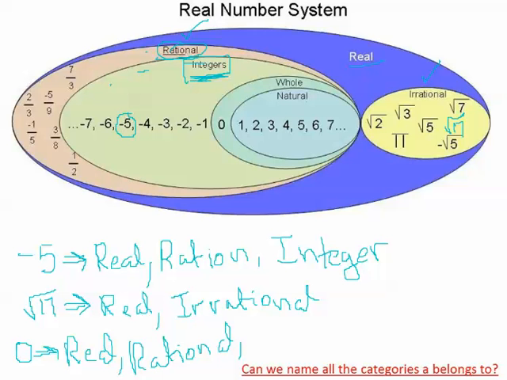Is it an integer? Yes. Integers are positive and negative whole numbers and 0. So yes, right there in the integers. It's an integer. Is it a whole number? Yeah, and it's sitting right there in the whole number box, isn't it? So it's a whole number. Is it a natural number? Nope, it's not. It's a whole number. Stops right there. 0 is not part of the natural numbers.